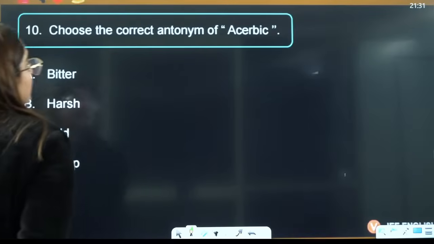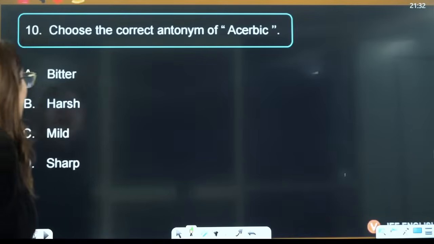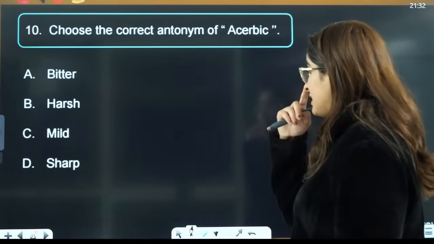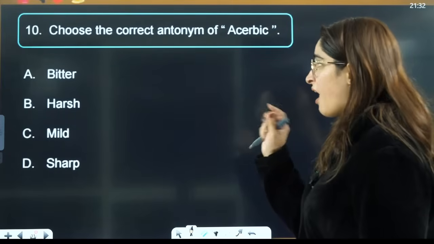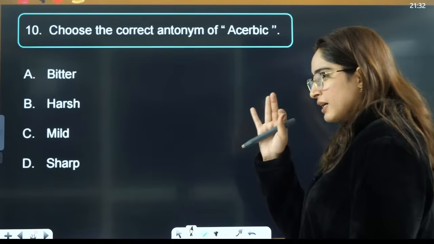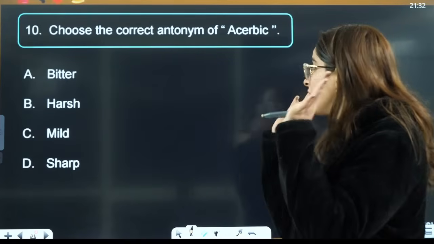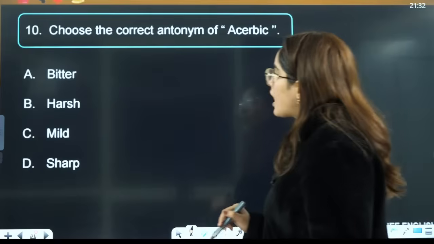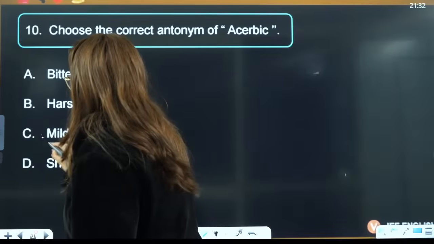Tell me. Acerbic. Acerbic, it feels like it's an acid, no? So, acerbic: bitter, bad, harsh, sharp. Something which is very harsh to you, very bitter, very sharp. But mild is something opposite of that.